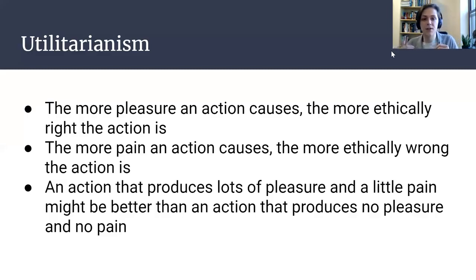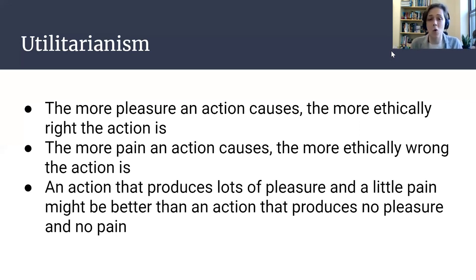And if an action produces a lot of pain in exchange for just a little bit of pleasure, then that's a bad action. So you can think of the moral worth or the moral value of an action as being the total amount of pleasure it produces in the world minus the total amount of pain it produces in the world.